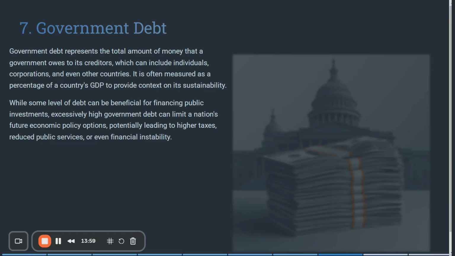So there should be no high government debt. Government debt includes individual, corporate, and even other countries' debt also.